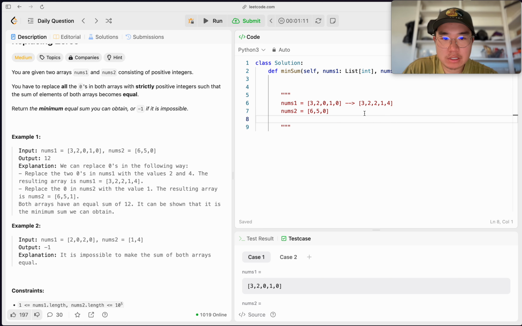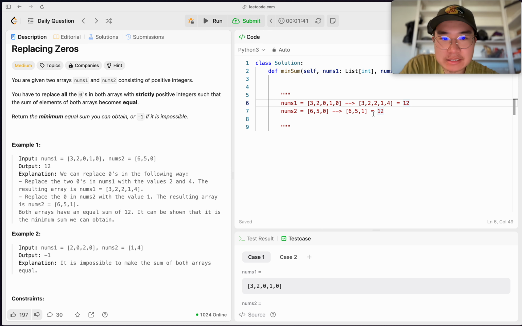And then we can replace 6, 5, 0 with 6, 5, 1. The sum of this is 12, and the sum of this is 12 as well. So they have equal sum, and I guess it's the minimum, right?